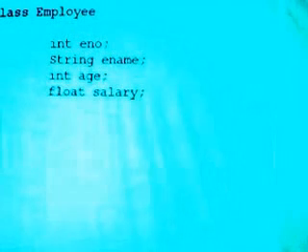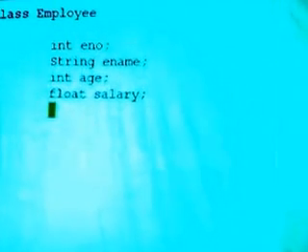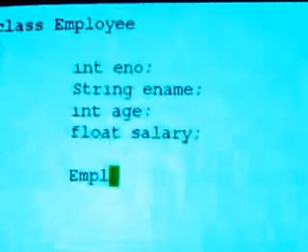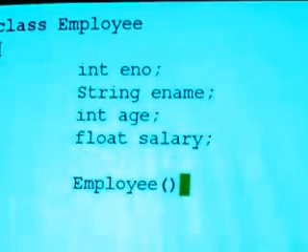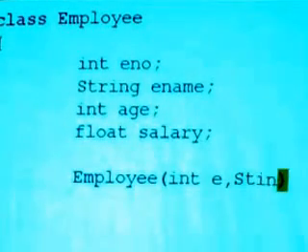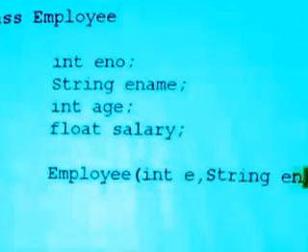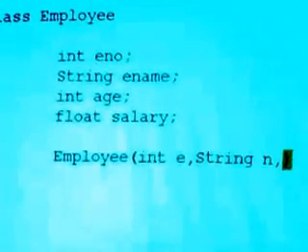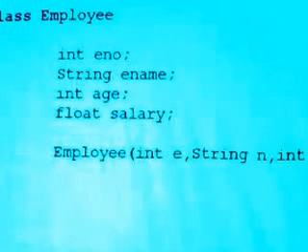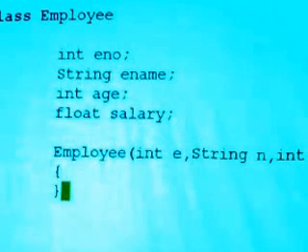Then let's have a constructor which takes these 4 parameters and initializes the state. So let's add in a constructor before we do anything else. First one is the employee number, second one is the name, let's call it n. That is the formal parameter, and then we have int a, and then we have float s. So we are creating a 4 parameter constructor over here which will initialize the state of the employee object.